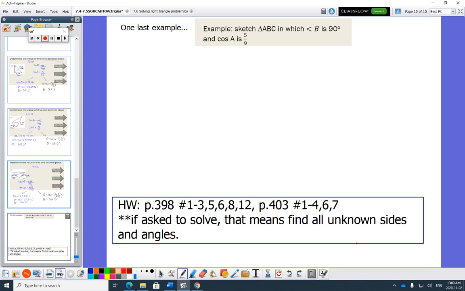It does not need to be to scale. You do not need to use a ruler. Just draw a right angle triangle. It's telling you that B is 90. Okay, it says B is 90.